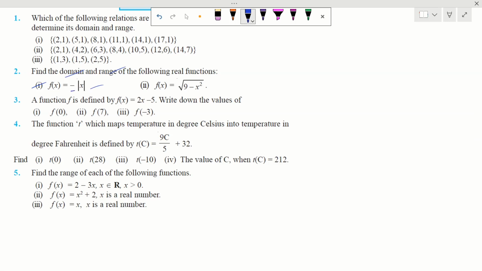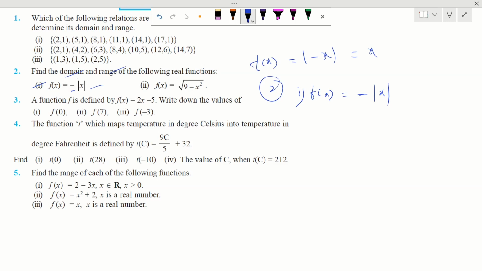The minus is given outside. When the minus is given inside, a negative number becomes positive, because the modulus of a negative number gives a positive number. But here the minus is given outside, so f of x is minus modulus of x.